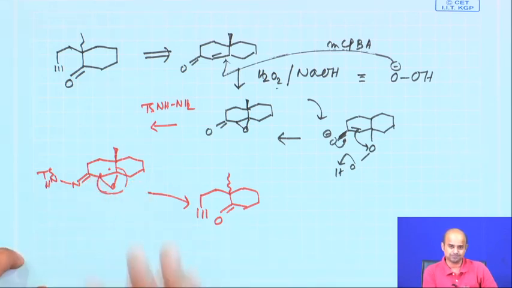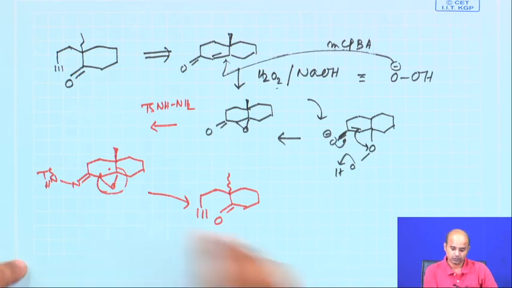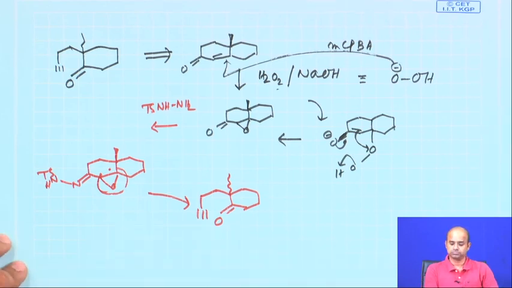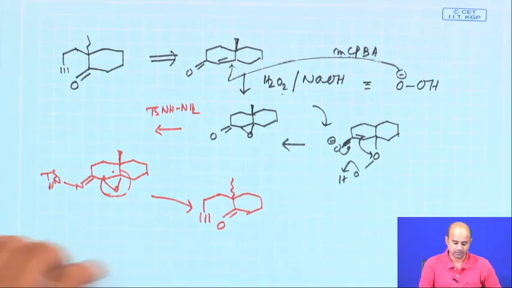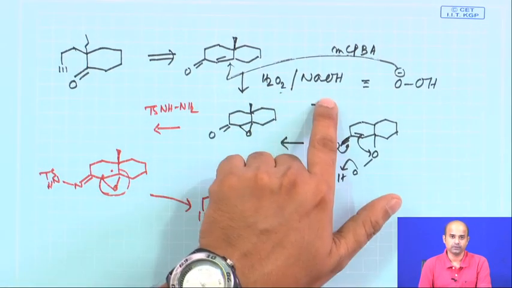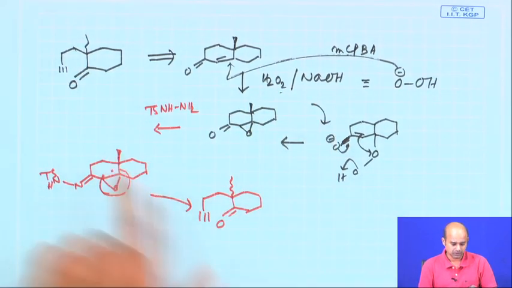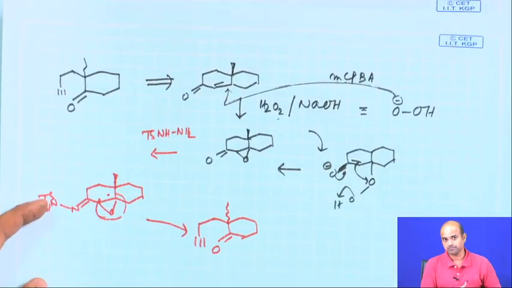You take a ketone, an alpha beta unsaturated ketone, make the corresponding epoxide through a nucleophilic mechanism. Okay, as I said, hydrogen peroxide, NaOH, then make the tosyl hydrazone and then do the fragmentation. That is exactly what we do here.